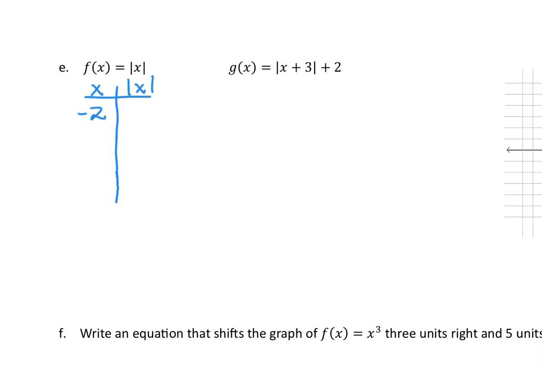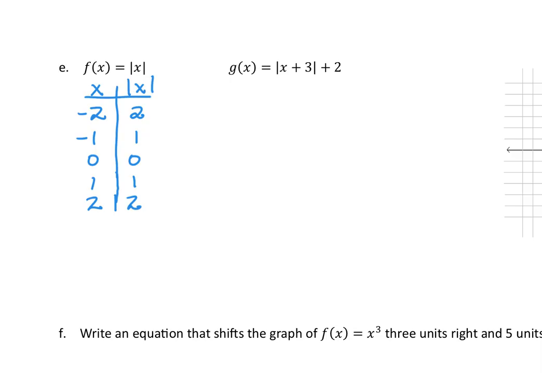So we're going to go with -2, -1, 0, 1, and 2. But the difference is when we take absolute value, remember that we just make it positive. And so the absolute value of -2 is 2. The absolute value of -1 is 1. And then the other ones we keep the same because they're not negative.